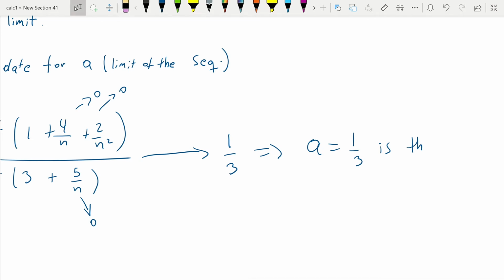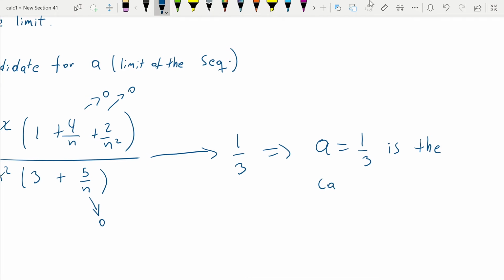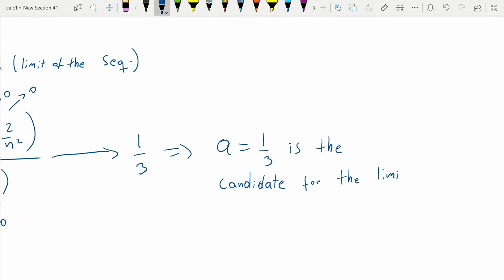Is the only candidate for a limit of the sequence.